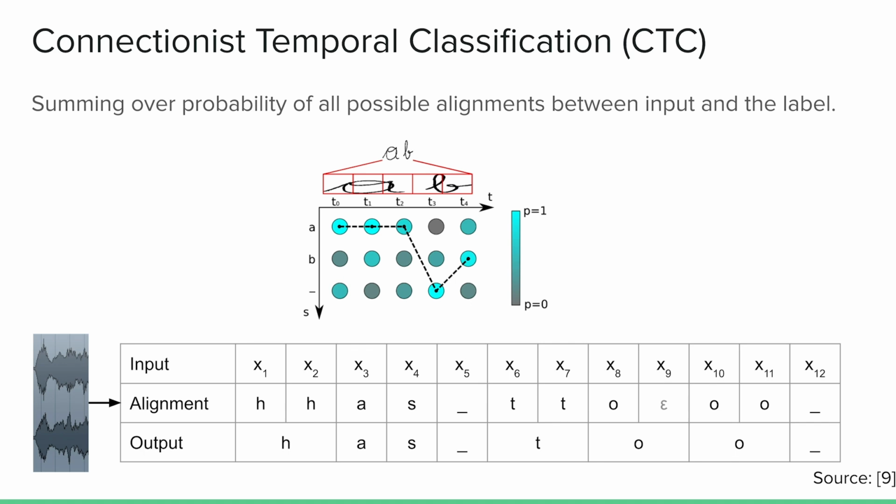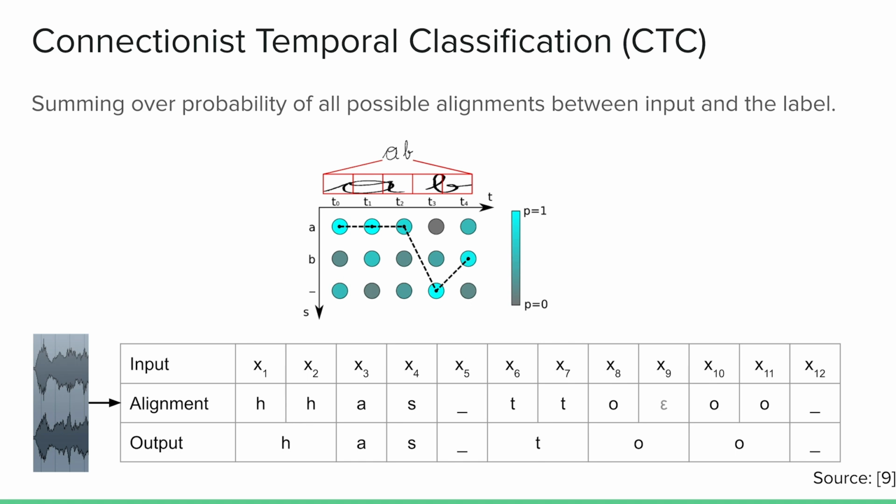We would generate something like HHAS blank TTO, and then we also have something really interesting here, the epsilon, because the CTC output here would actually contract repetitions into a single unit. So HH would become a single H. AS would be translated as AS. Again, TT would be contracted. So if we have the same output appearing next to each other, they all get squashed into one output.